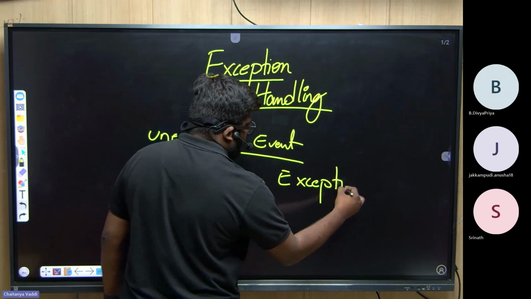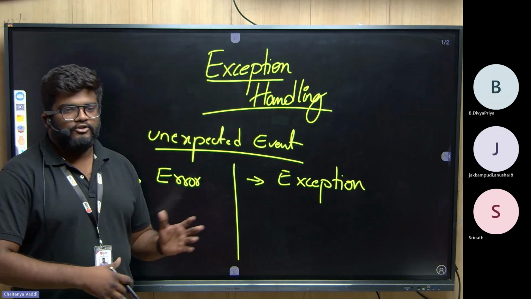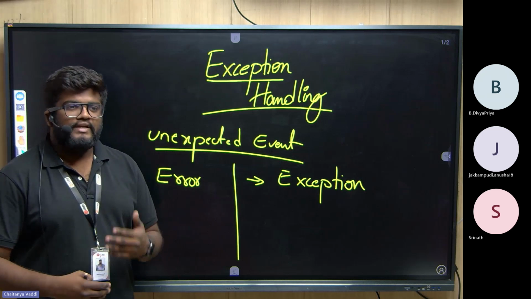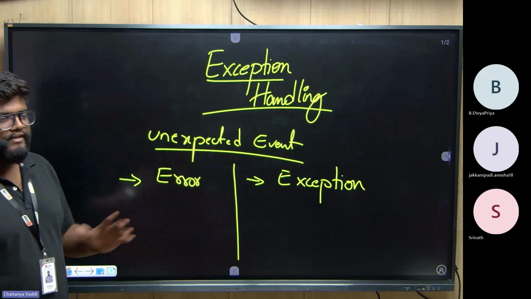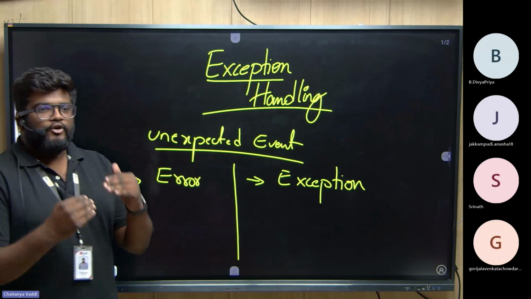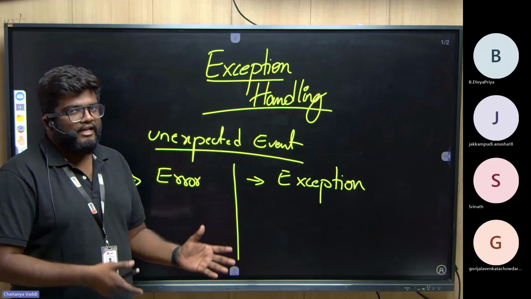Okay. Now, we have seen errors all these days in our execution point of view, right? We get compile time errors, we get runtime errors. We have seen those errors. Like the example can be whenever you are given a specific input, like let's say you are asking for an integer input and you have given, let's say, a Boolean value for that input.